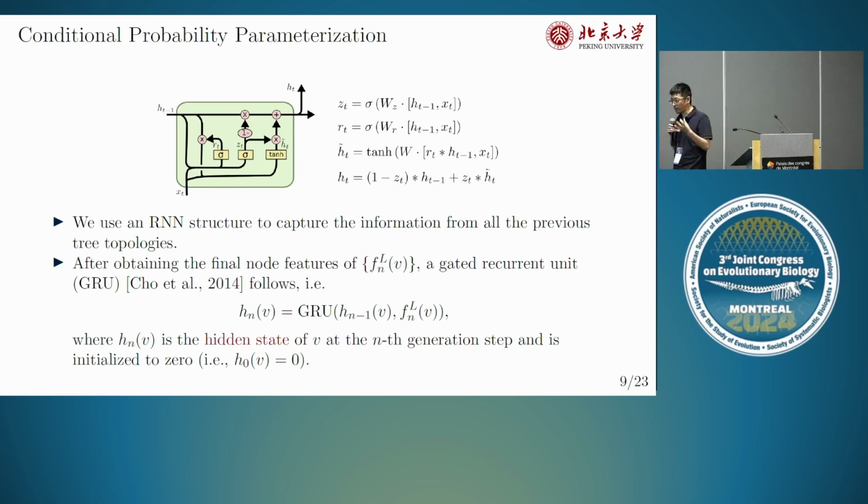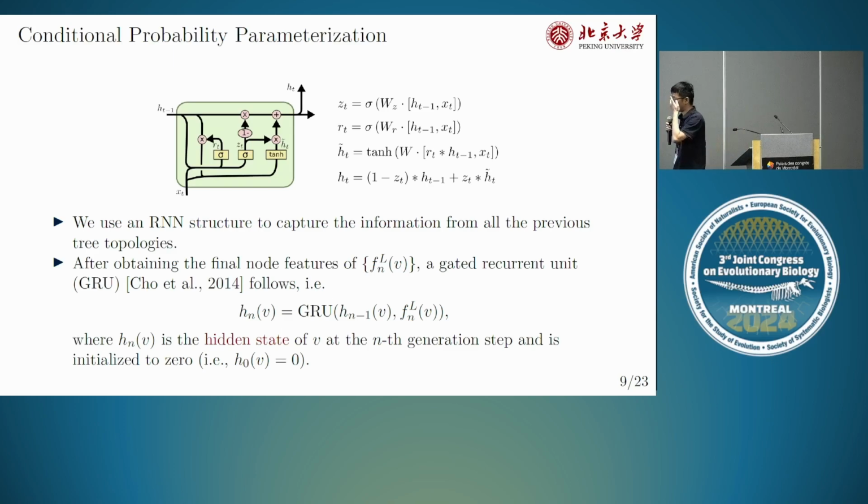You aggregate this information into the latent representation by using gated recurrent units. This is one of the popular choices for RNN constructions. It's called GRU. And that will help you update the latent representation into HNV, the current time step.